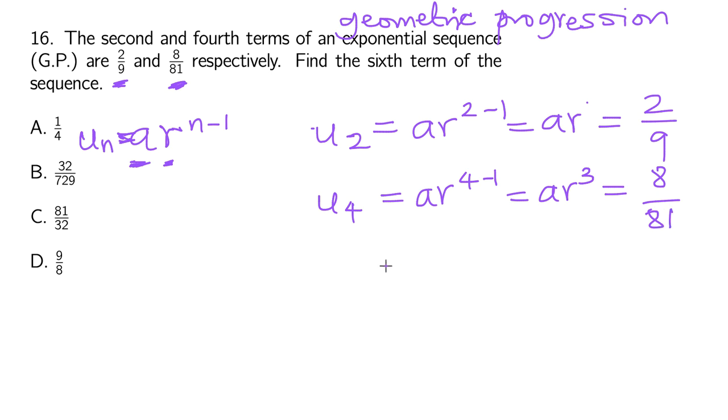Alright, so now we are looking for the sixth term, u6, which by what we've written is ar to the 6 minus 1. It's the same as ar to the 5. So we know ar, we know ar cubed. We are looking for ar to the power 5.